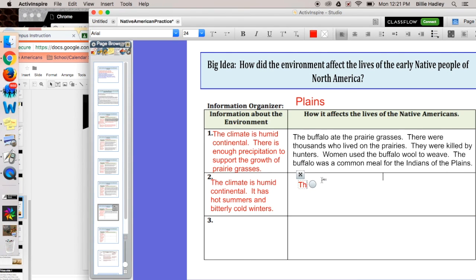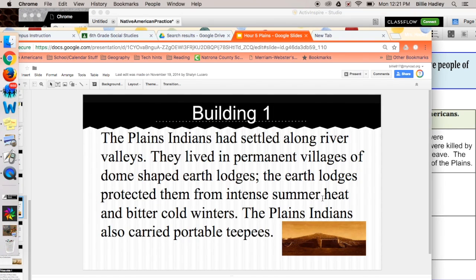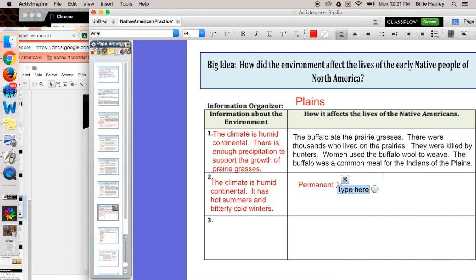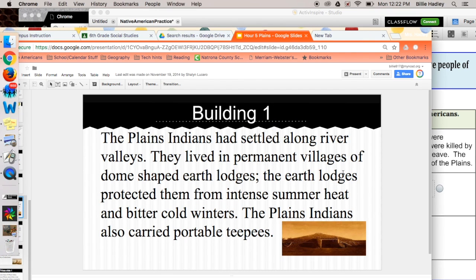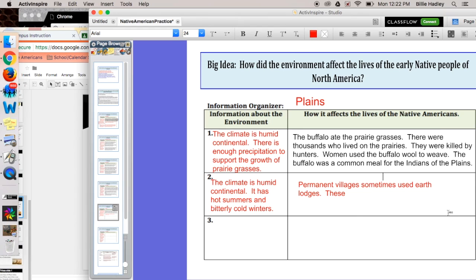Permanent villages sometimes used earth lodges. These were permanent dome-shaped homes.